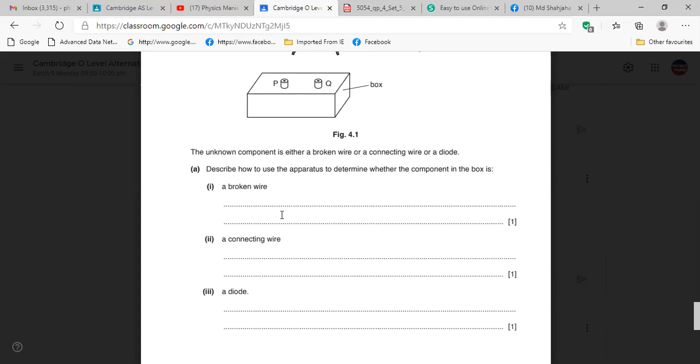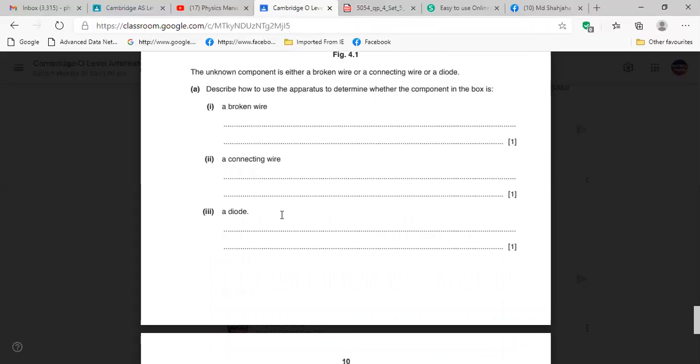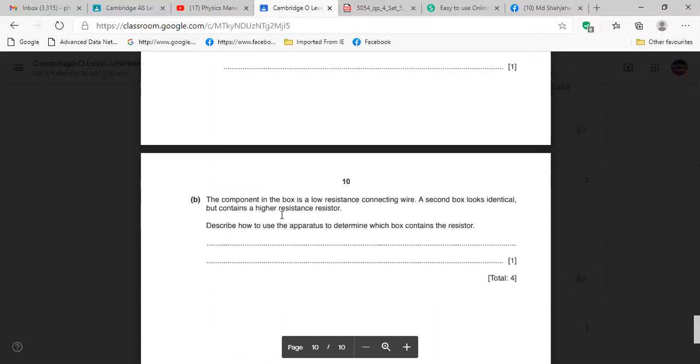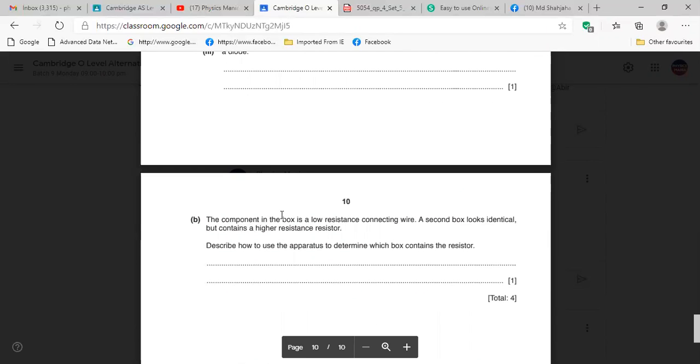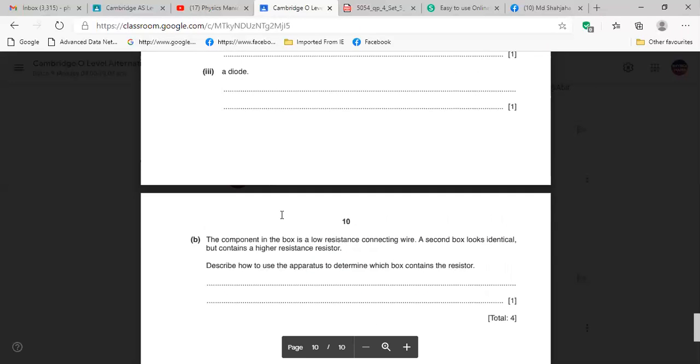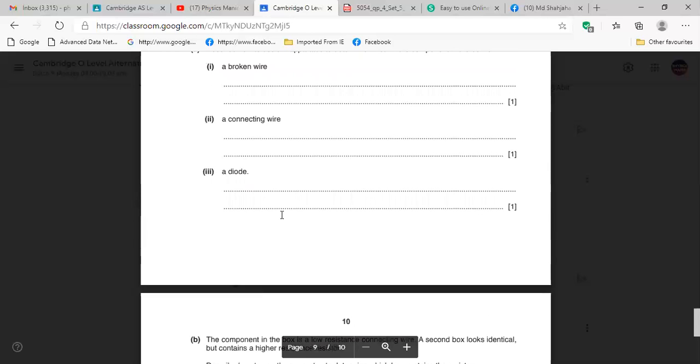For the diode one, it will not be an appropriate answer. Maybe you wrote the next one, part B. That is the answer you told now. That is for part B, not for diode.